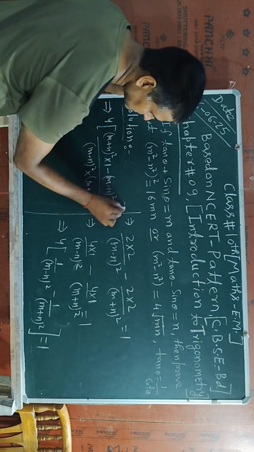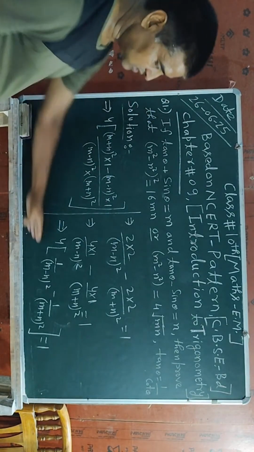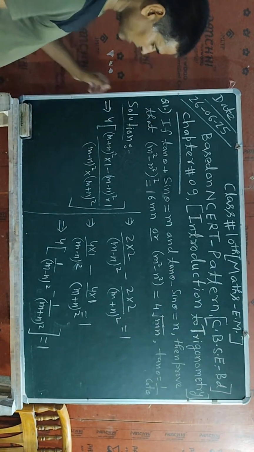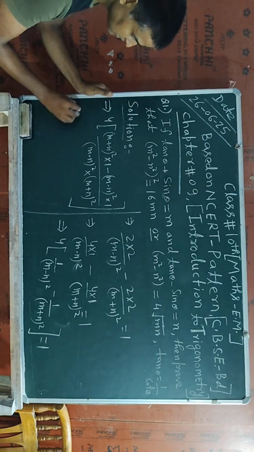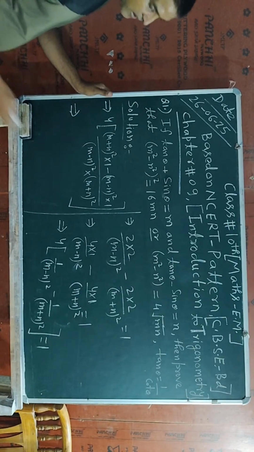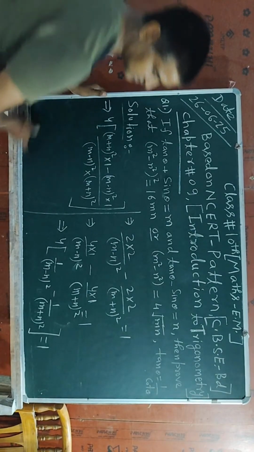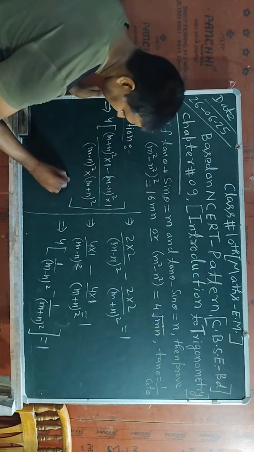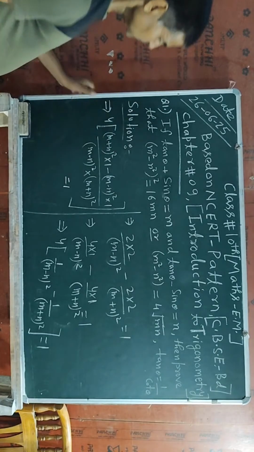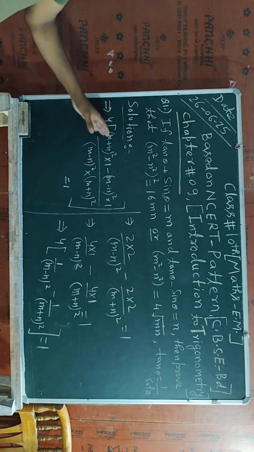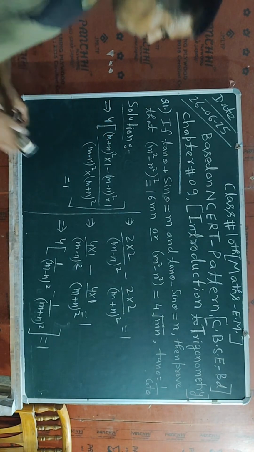Okay, students, so this is the simplification of this term. Okay, now further I will also write information as, and in the right hand side I will put 1 because on the right hand side that is a value 1, so that information I will put here 1. Okay, so further I will simplify it, and after simplification I will get some information.